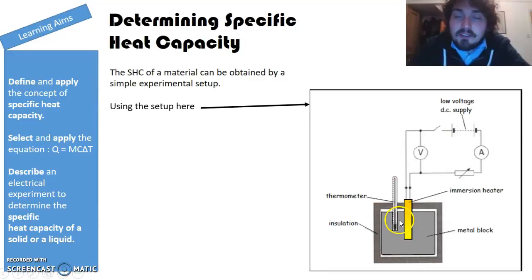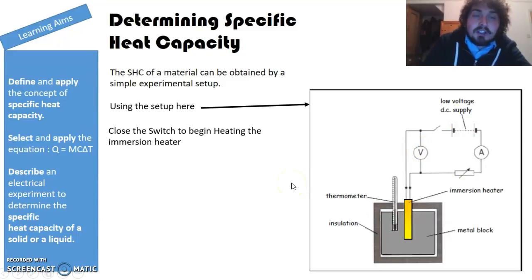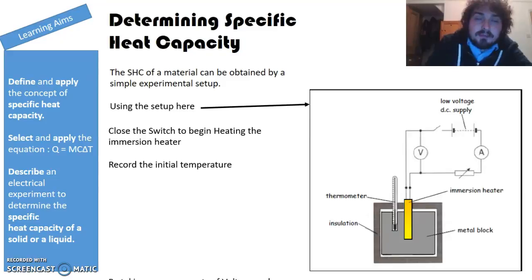You cover that in good insulation to stop any heat losses, and then you connect it to a low voltage DC supply with an ammeter, a variable resistor and a voltmeter across your immersion heater. So close the switch to begin heating, and record the initial temperature at the same time.